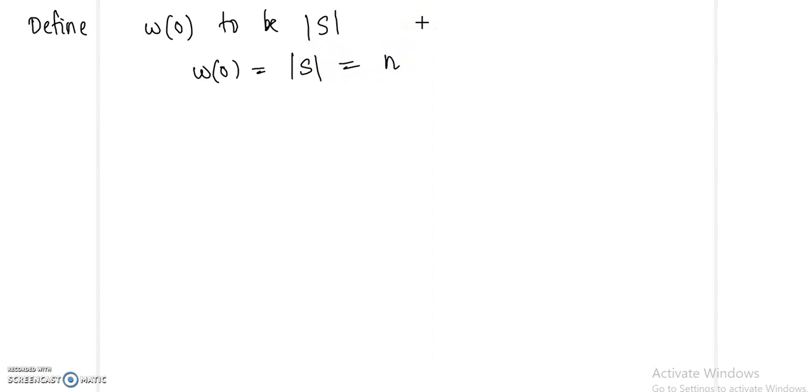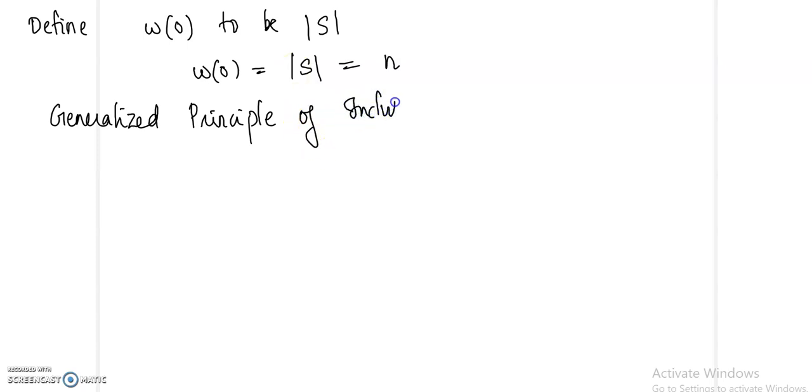So with this we can now define the generalized principle of inclusion and exclusion. We will use E of m and omega of m to state the generalized principle of inclusion and exclusion. So this is the context in which the generalized principle of inclusion and exclusion is explained.